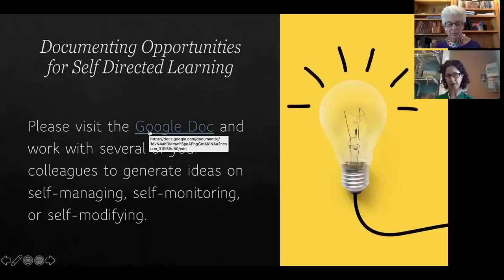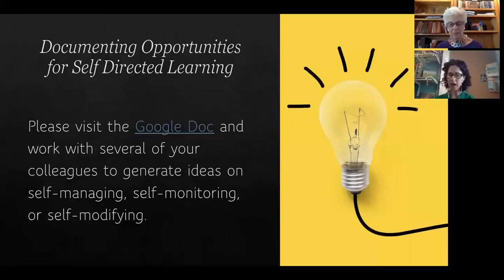So the idea here is that in your small teams or small groups, you will move to the Google Doc and work together on just one of the 3 selfies. You're going to either take self-managing, self-monitoring, or self-modifying.